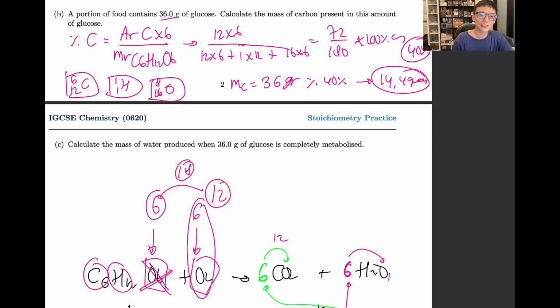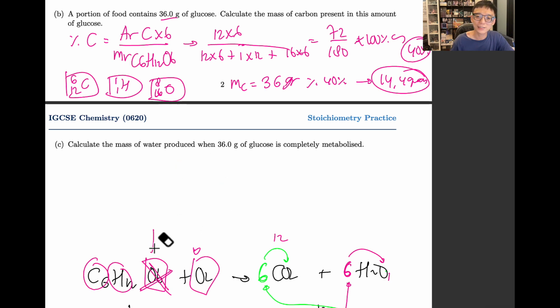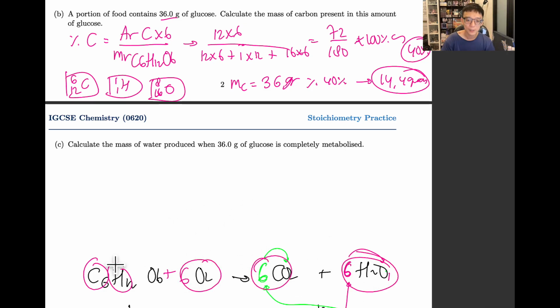Okay, finally, let's calculate the mass of water produced when 36 grams of glucose is completely metabolized. So now we have the reaction. Let me use this reaction here, plus 6 oxygen, 6. So 36 grams of glucose. We have to find the mole first.